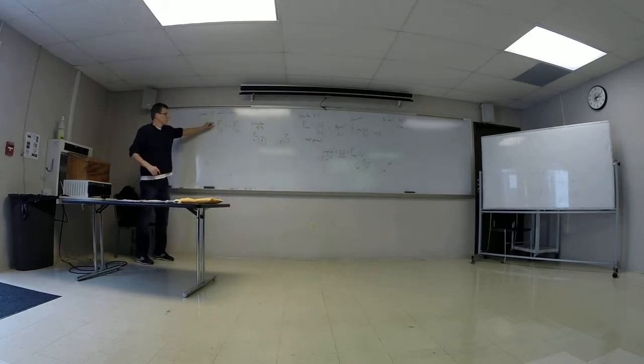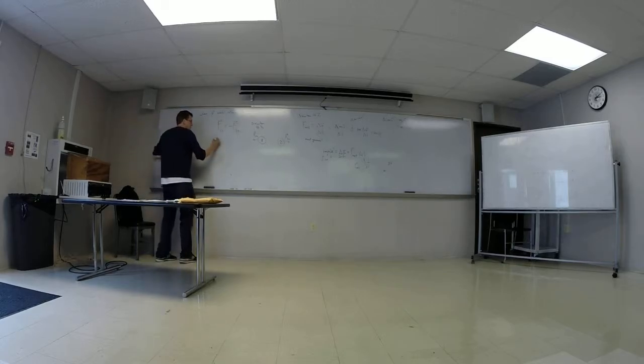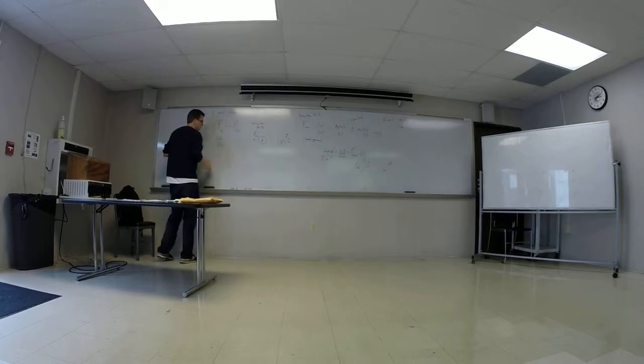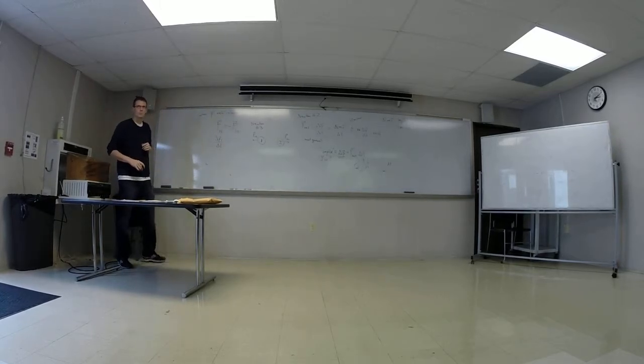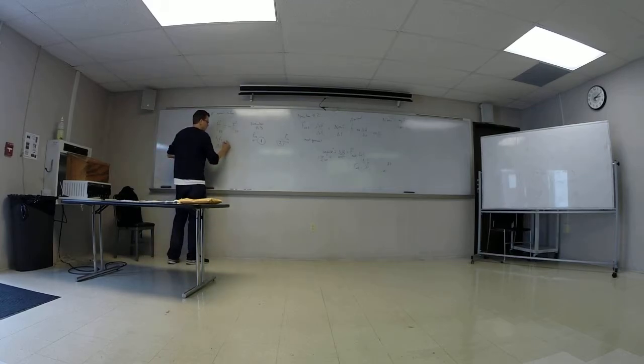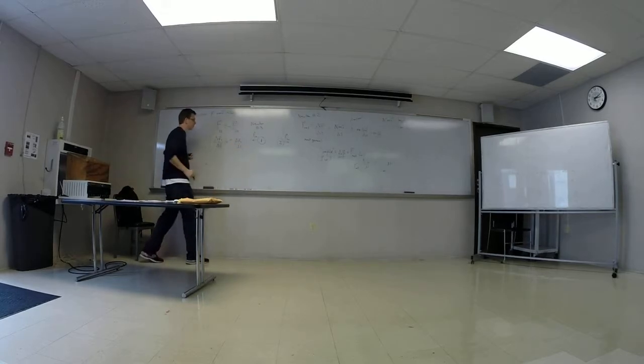Well, this is the force on object 1 from object 2. The force on object 1 will change its momentum. Over here, this is the force on 2. That will change 2's momentum.